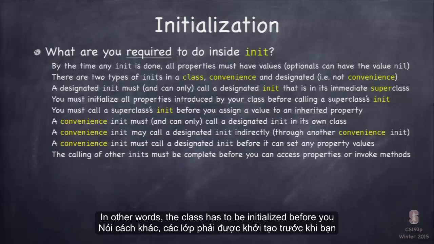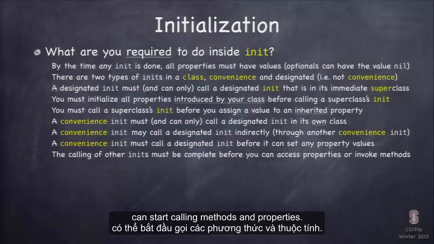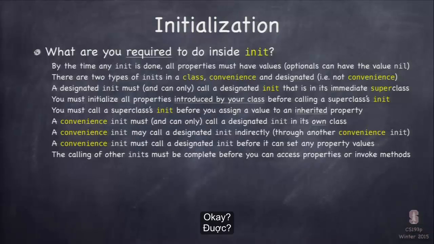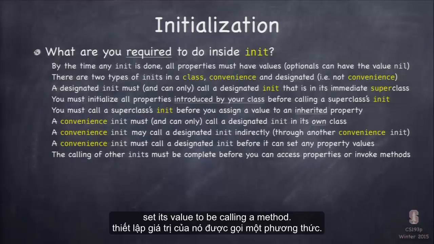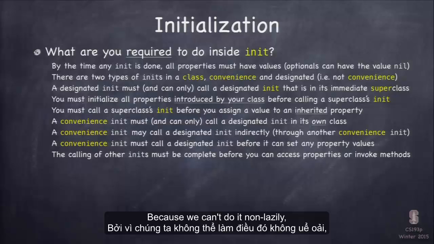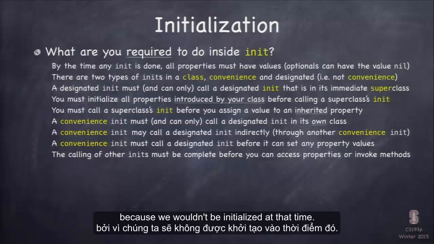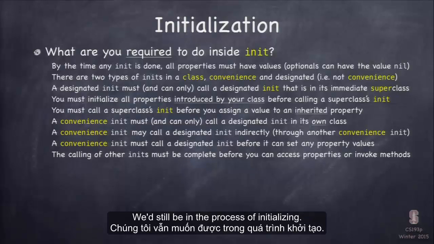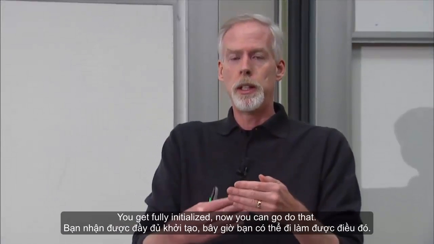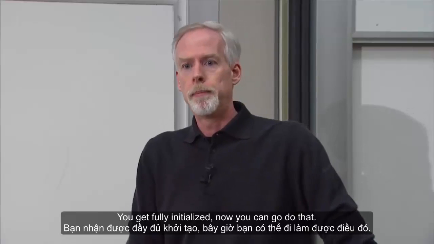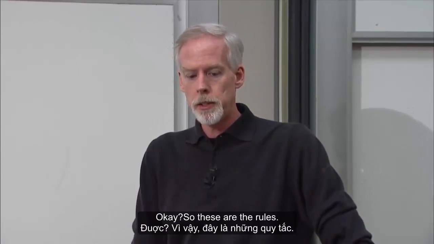In other words, the class has to be initialized before you can start calling methods and properties. That's why we have to use lazy if we want a property to set its value by calling a method, because we can't do it non-lazily since we wouldn't be initialized at that time. We'd still be in the process of initializing. It's kind of a two-phase initialization. You get fully initialized, now you can go do that.